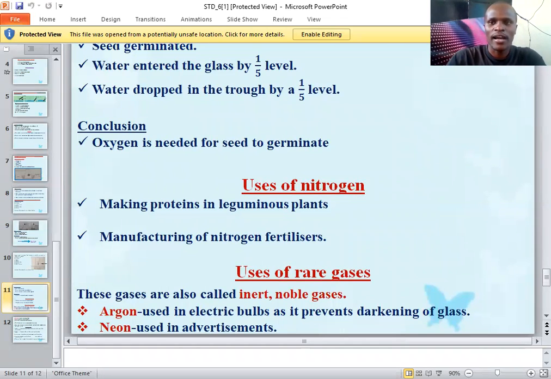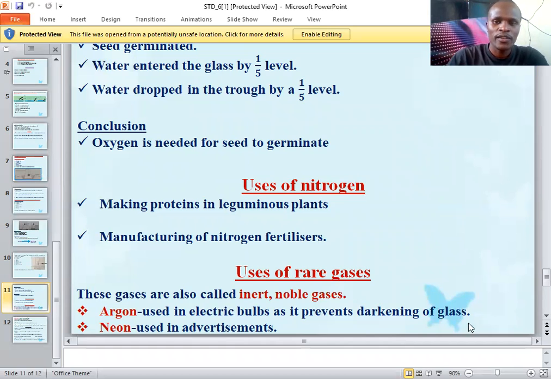If you look at the bulbs, you realize that they are able to produce light, and the bulbs don't produce smoke. So argon makes these bulbs light up, and there is no darkening that you can observe. So we have that, and then we have neon gas.